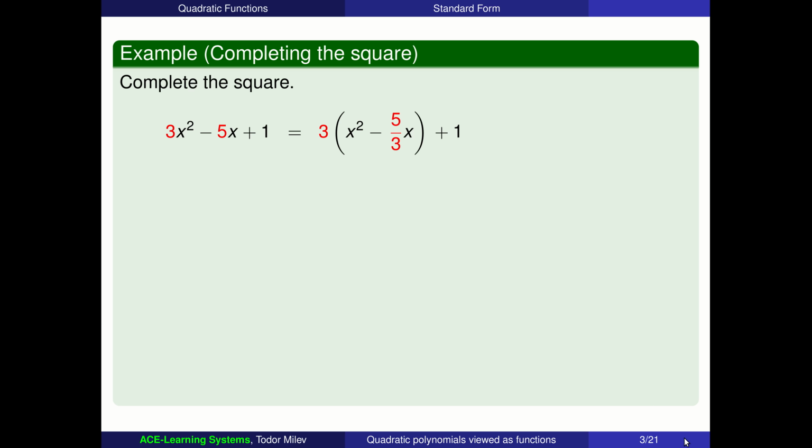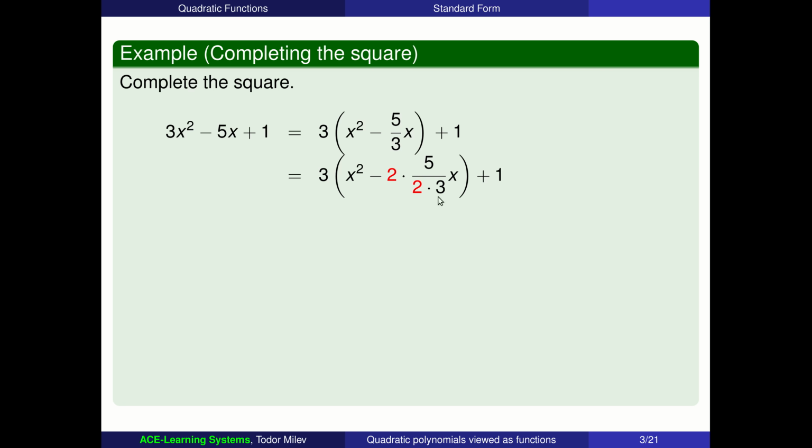The next step in completing the square is to ensure that we have the number 2 in front of the linear term. Now the number 2 is not present in front of the linear term 5/3 x. So what do we do? Well, we multiply by 2 and immediately we divide by 2 to restore the equality.